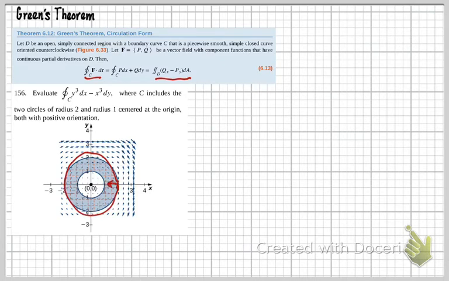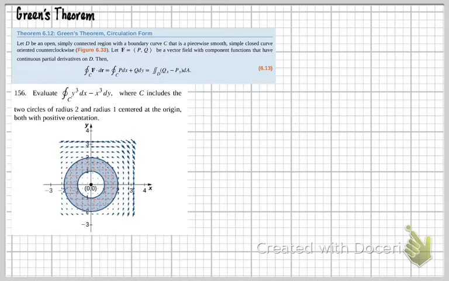That would be an r(t) going in. That would be an r(t) inside. And that would be an r(t) coming back out again. That's a lot of r(t)s, which means a lot of integrals. And if I think about it the other way, I can just do a double integral over one area. Done. So I'm going to go with the one over here, which is the Q_x minus P_y dA.